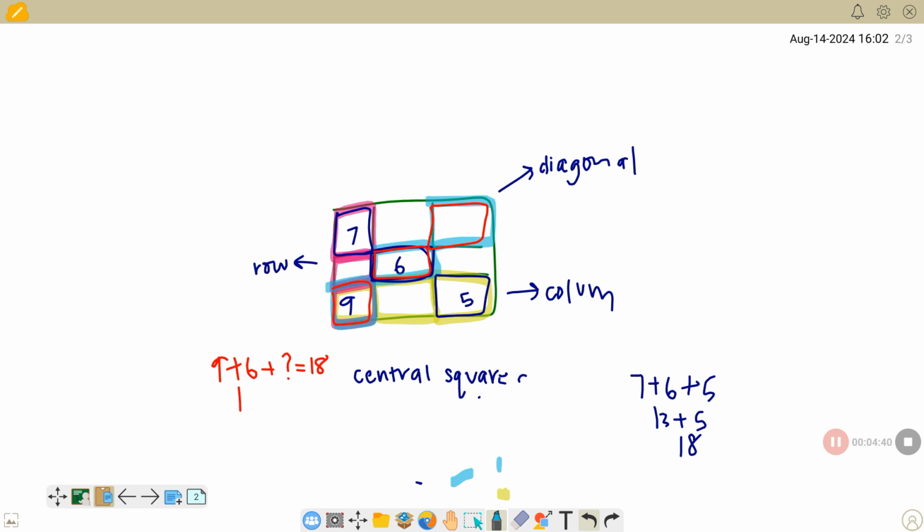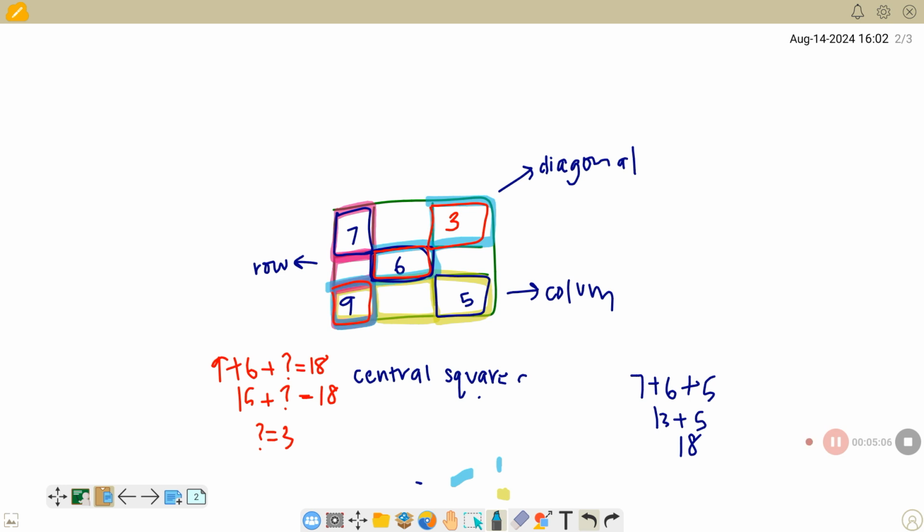So we have 9 plus 6, which is 15, plus question mark, which is 18. Now what number plus 15 gets us to 18? That's right, 3. So that means our question mark is 3, which means that the number in the diagonal with 9, 6, and blank is 3.